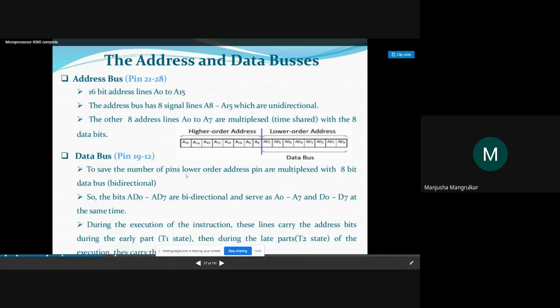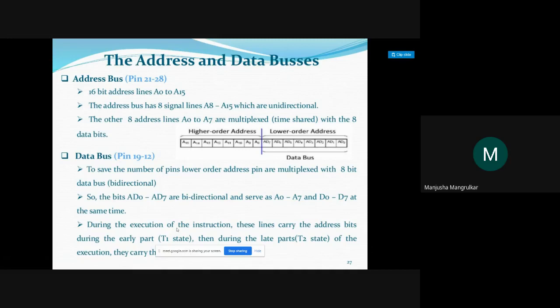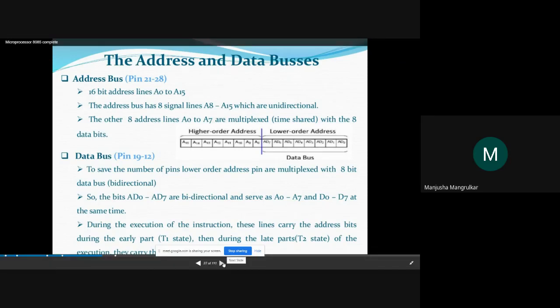To save pins, the lower address pins are multiplexed with the 8-bit bidirectional data bus. So AD0 to AD7 serve as A0 to A7 and D0 to D7. During the execution of an instruction, these lines carry the address in the first T state, and in the second T state they carry the data. We will see that in the next lecture also.